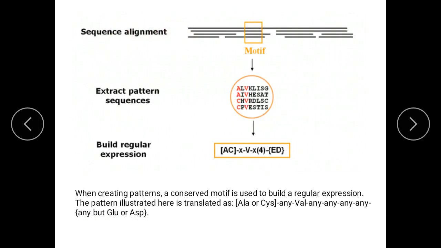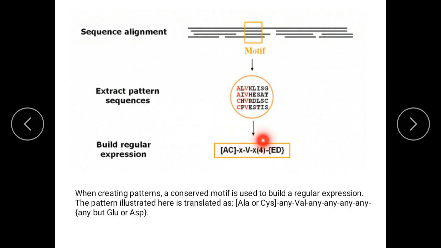Let's look at this motif. Extract the pattern sequence. Here A C is the repeating unit, then this is L I H, that is any amino acid. This is the V, which is conserved in every sequence.